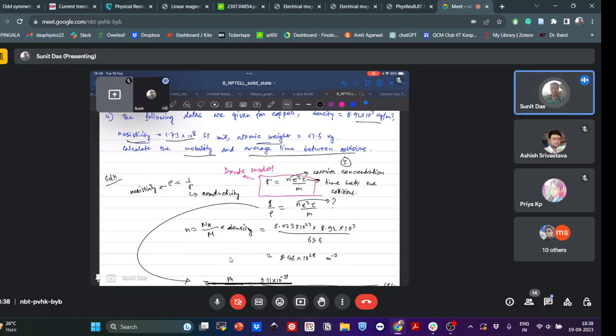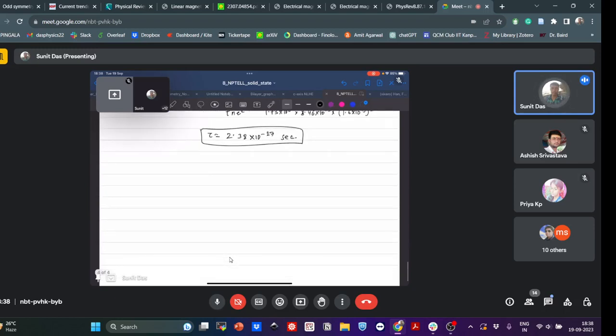Now we need to find the mobility. For mobility, there is another relation of conductivity, which is n e mu. So mu is the mobility of charge carriers, and it represents how mobile the electrons are.